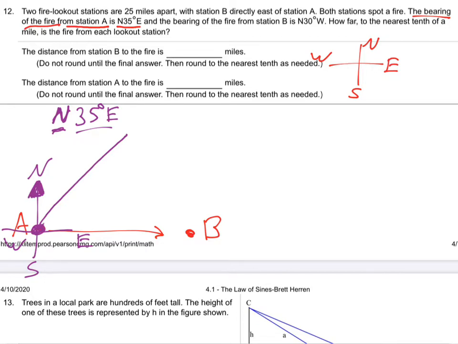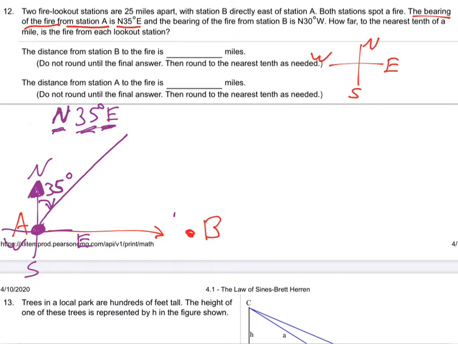So this angle here has got to be 35 degrees. So it's north, but not straight north, 35 to the east, 35 to the right. See how that went towards the east of north?